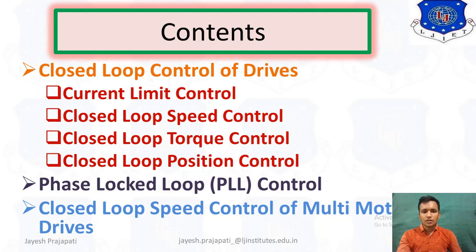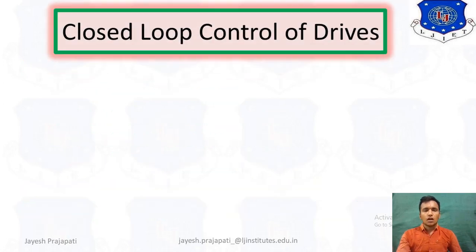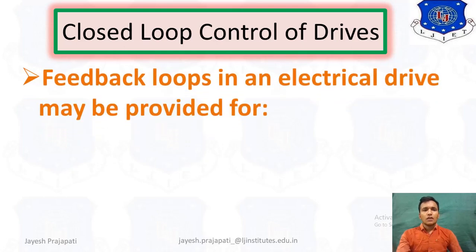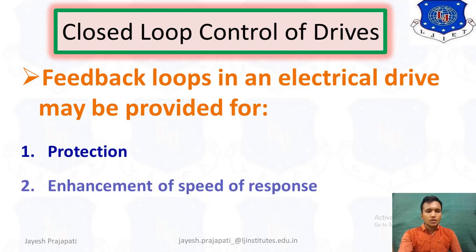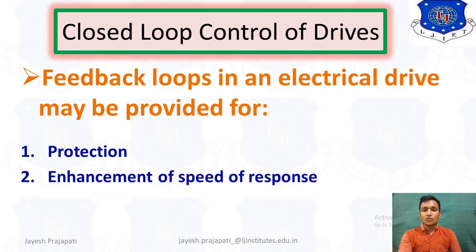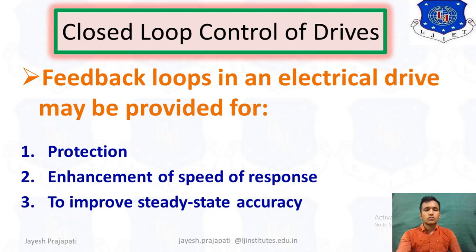So let us start. A closed loop control of drives, that means the feedback loops in electrical drives, may be provided for protection, enhancement of speed of response, and to improve steady state accuracy.